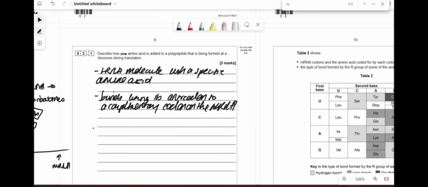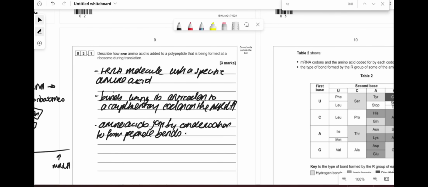Now you've got two amino acids next to each other. You need to join them. Whenever you talk about bond making or breaking, you need to say what reaction's happening: is it condensation for bond making or hydrolysis for bond breaking? And then you need to say what type of bond is made. That is nearly always a mark, so just put it there, please. In this case, the amino acids join by condensation to form peptide bonds.